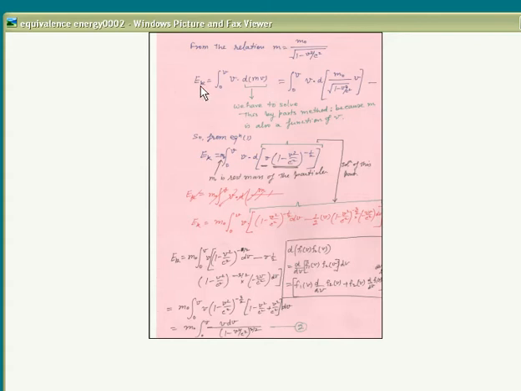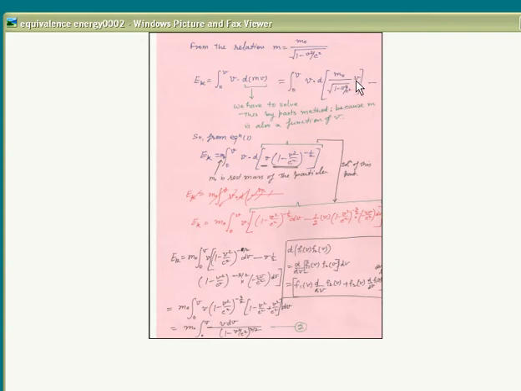So kinetic energy EK is equal to the integral from 0 to v of v dot d(mv). Now we are putting the value of m from this relation, that is m naught upon square root of 1 minus v square upon c square, into this v.